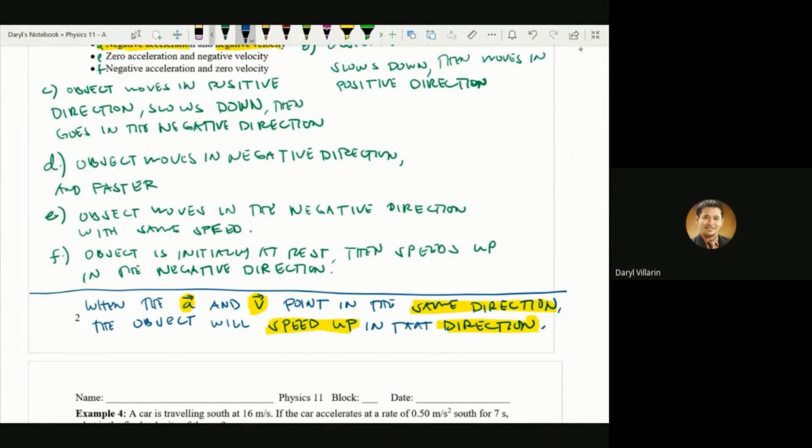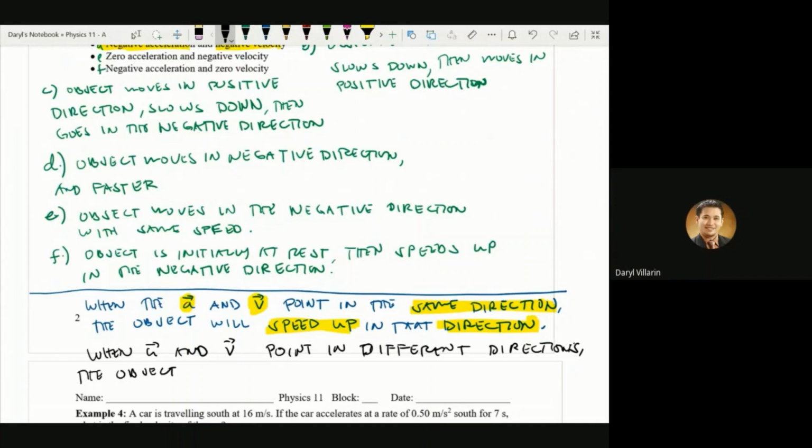The other case is that when A and V point in different directions, you can expect that the object will slow down.